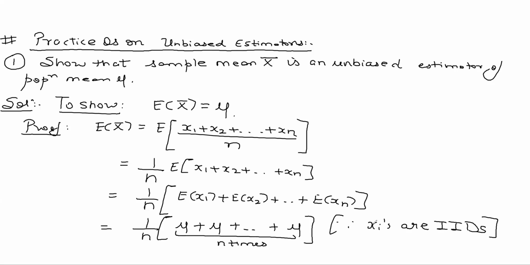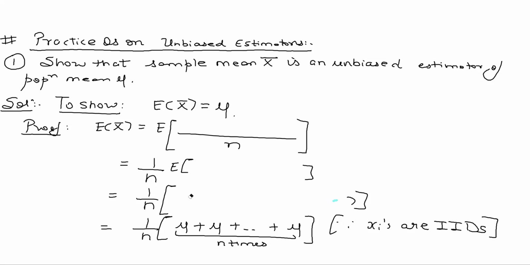To make it more sensible, let me take it as capital X's, because they are random variables. So this can be capital X1 plus capital X2 plus capital Xn, because x1 itself is a random variable, x2 itself is a random variable.